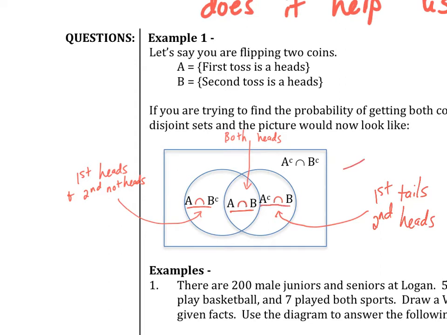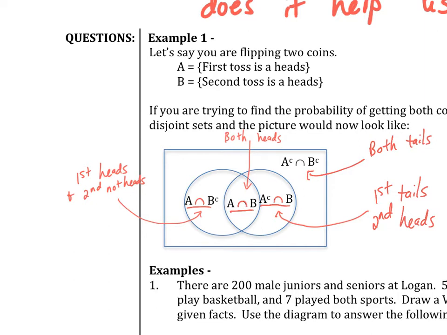And then everything outside would mean they are both tails. So those are the possible outcomes. They're both heads. The first is heads, the second is tails. The first is tails, the second is heads, and then the outside is both tails.